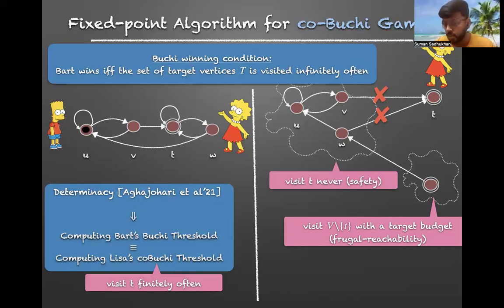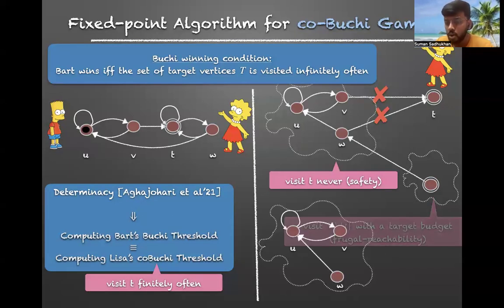So it's not difficult to compute these budgets. I'm not showing it, but you can believe it. And we can go on. We then consider another game, which is again a frugal reachability game, and we compute the threshold budget in U, V, W so that with this budget, Lisa can ensure that if the game goes to T, then there she has the budget that I computed in the earlier game.